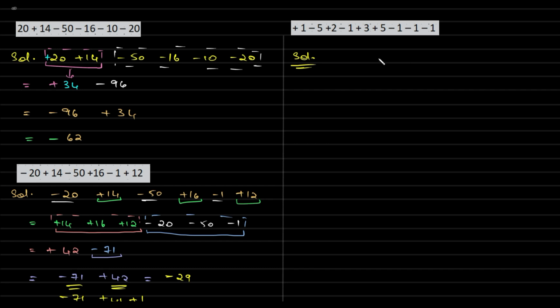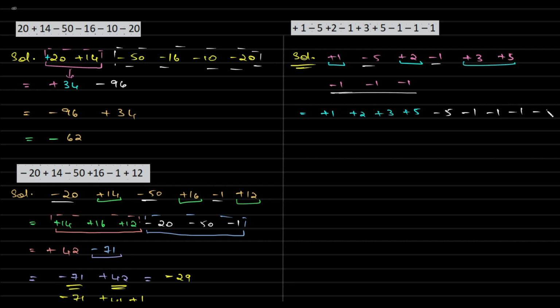Next question again. Please pause. I'm just going to write the question by the time. I'm going to group the numbers with the same sign. We have positive 1, positive 2, positive 3, positive 5. And then the numbers with negative sign: minus 5, minus 1, minus 1, minus 1, minus 1.